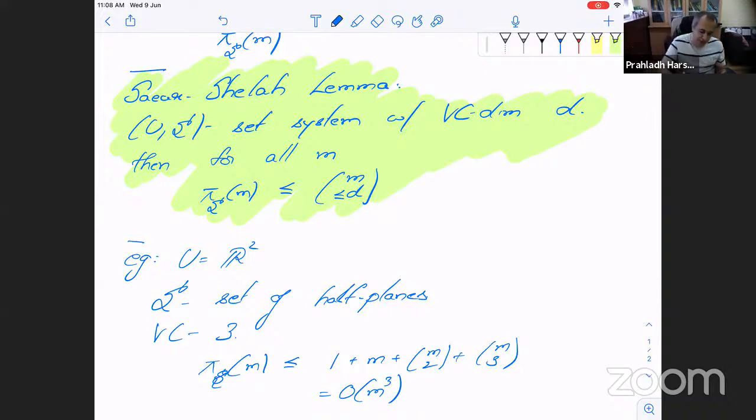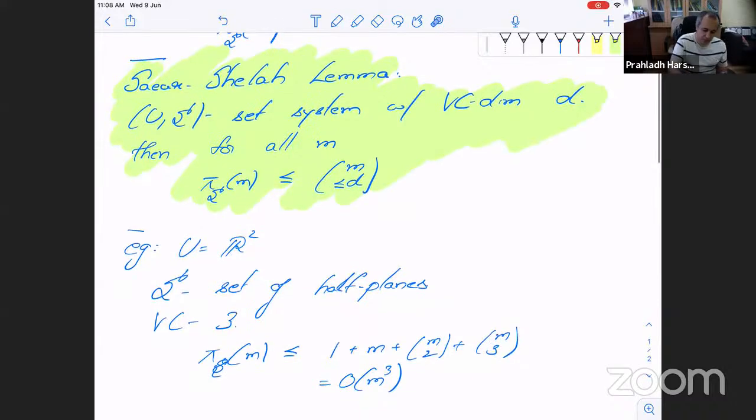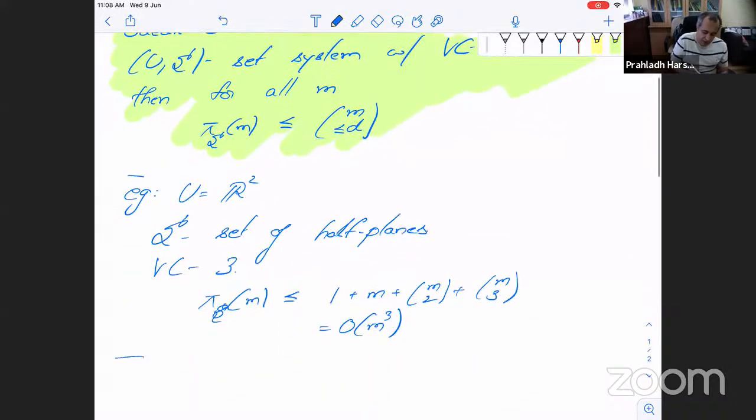By the way, I also want to say this is tight. Why is this tight? Let's see that. The tightness of the lemma, let's just mention that.